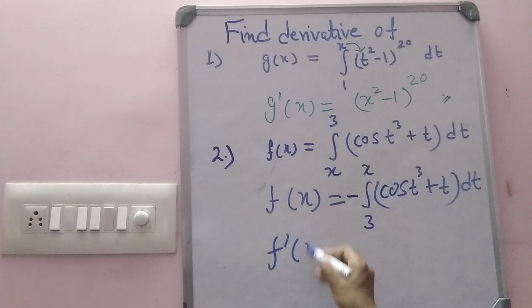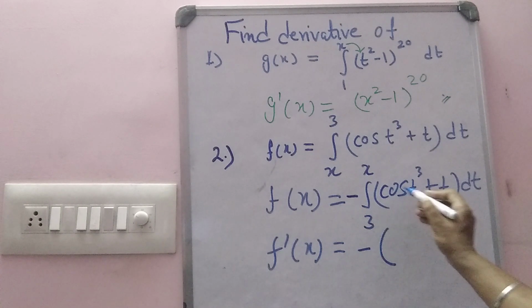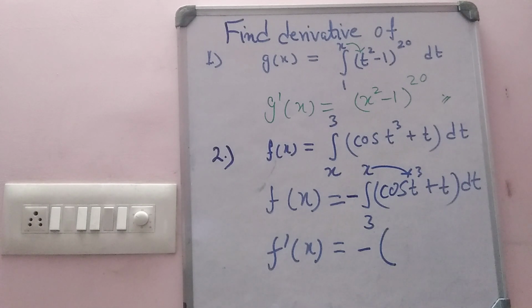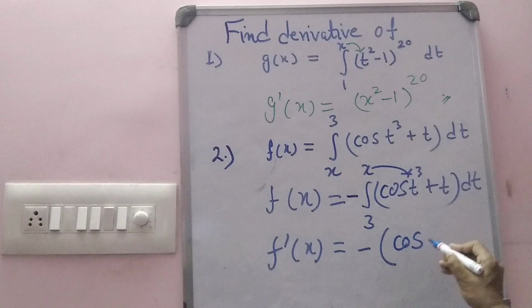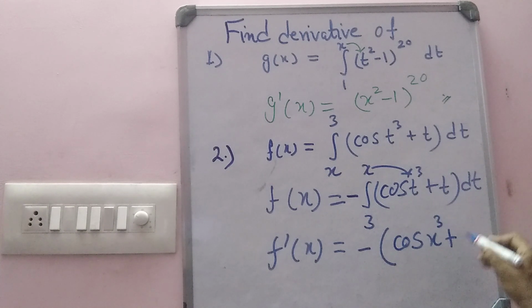F dash x, your derivative, will be minus, negative here. Again x will be changed into t. It becomes cos of x cube plus x. That is your final answer.